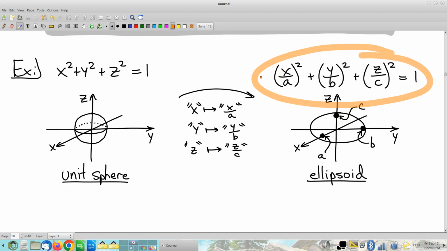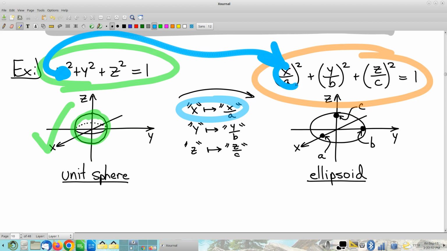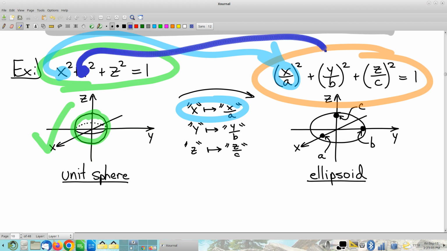What I can say is that this is a tweak of this equation that is super easy to understand. And the tweaks specifically are everywhere I have an x, I replace it with x over a. Everywhere I have a y, I replace it with y over b.